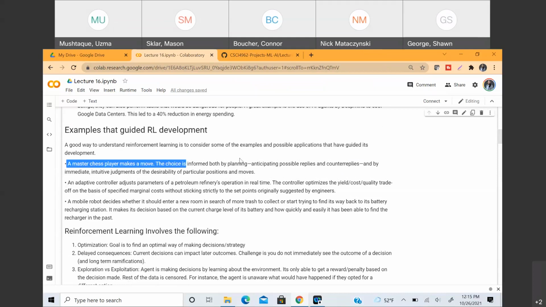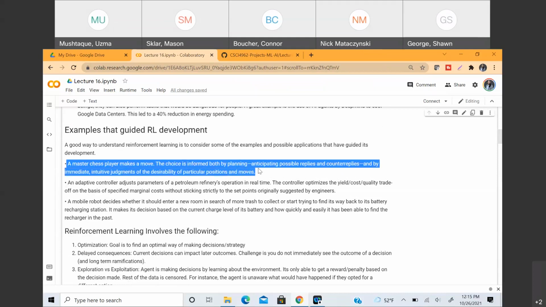So for example, if two players are playing chess, right? When you decide your next move, you're not just thinking about your immediate move and the immediate reward that you're going to get out of that move. But in some ways, you're also building that strategy of what might happen after a couple of moves, right?